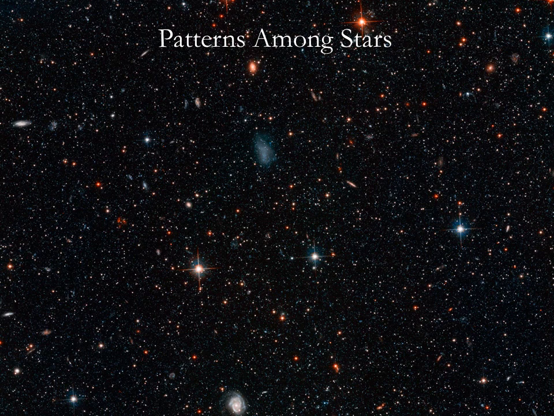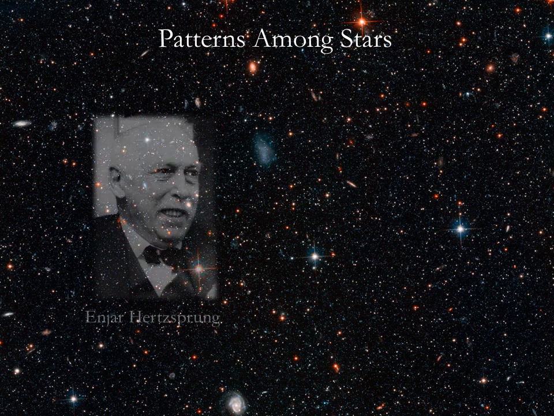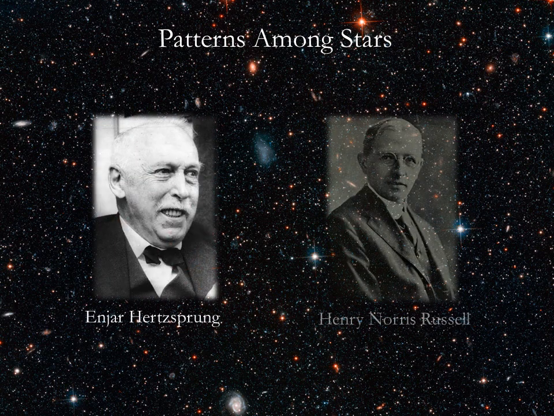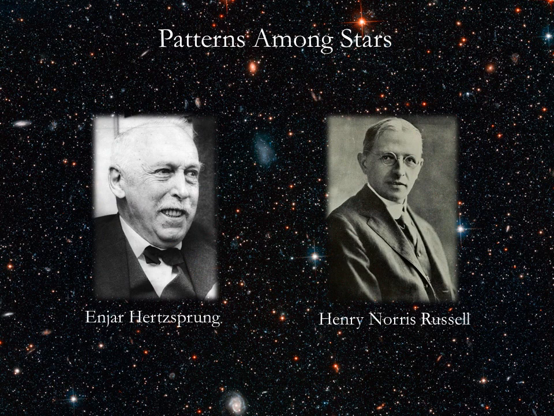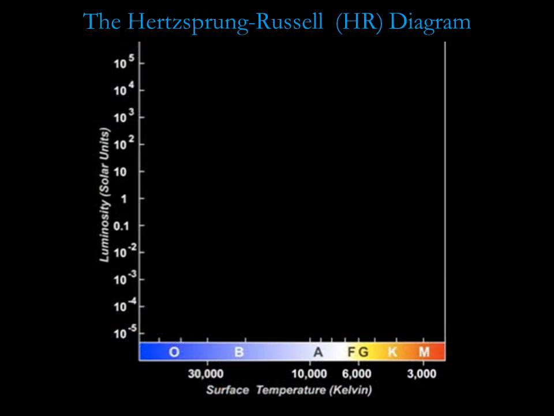In the early 1900s, a Danish astronomer named Hertzsprung and an American astronomer named Russell independently decided to make graphs of stellar properties. These graphs revealed previously unsuspected patterns among the properties of stars and ultimately unlocked the secrets of stellar life cycles. What Hertzsprung and Russell plotted was stellar luminosity versus spectral type or temperature.